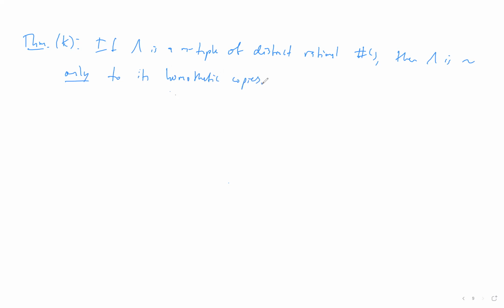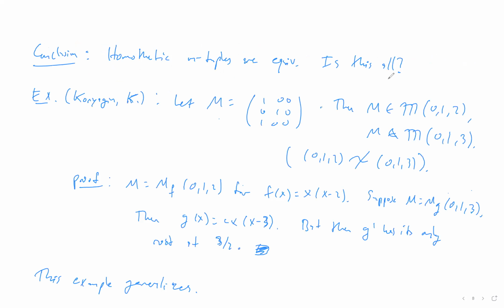So this answers my question on the previous slide, for the case where we look at a tuple where all of the numbers are rational multiples of each other. But it doesn't solve it in general.